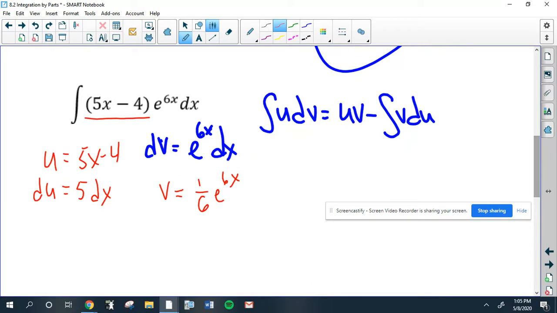So now, by formula, we have u dv. This formula tells us exactly what our answer is going to be.